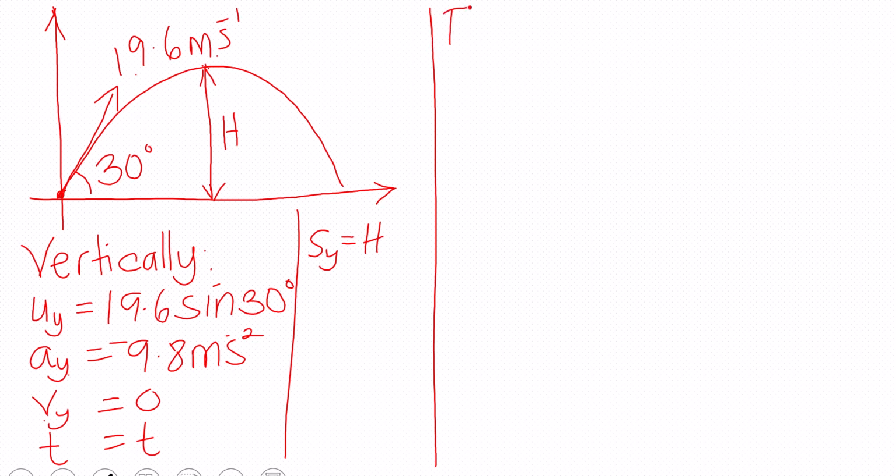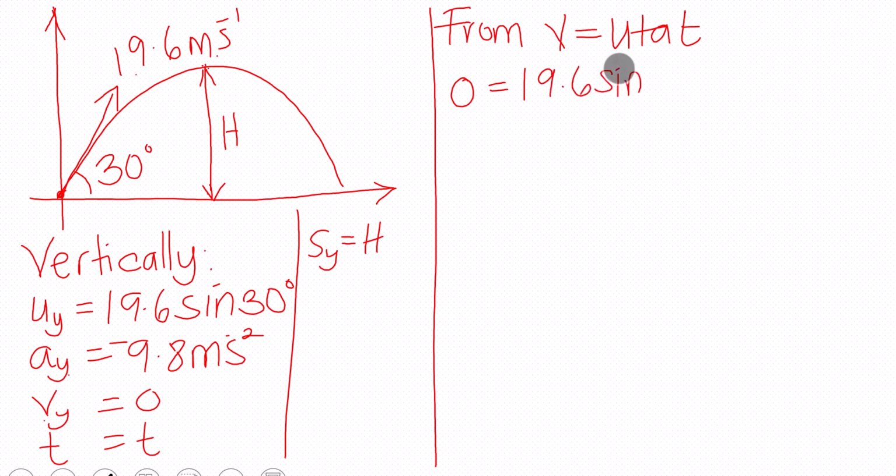So using this information we can calculate the time taken to reach that point. I'm going to use the first equation of motion, v is equal to u plus at. I know my v is 0 at that point. My u is 19.6 sine of 30 degrees, minus 9.8 t. So this becomes 19.6 times sine of 30.